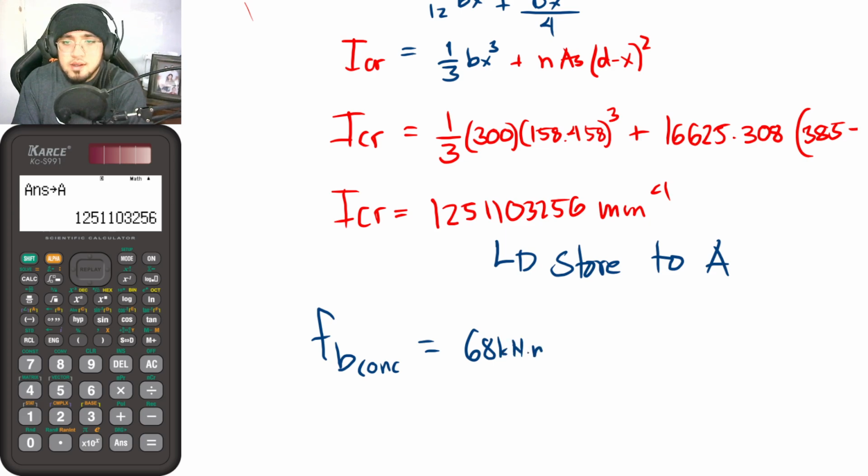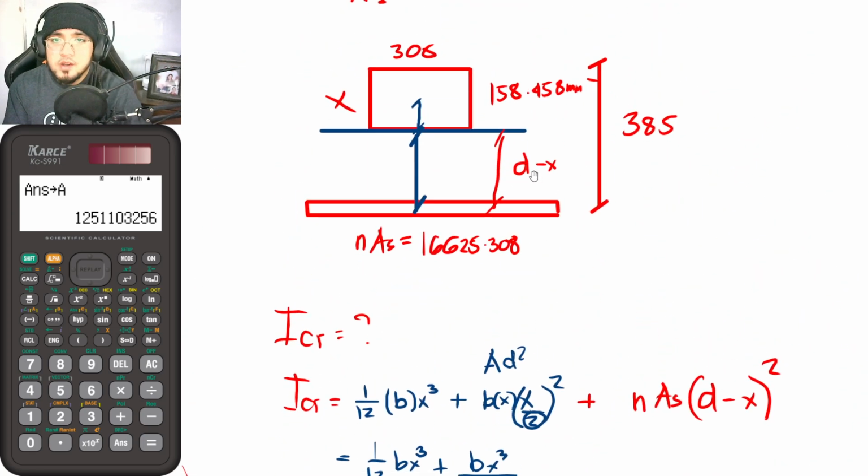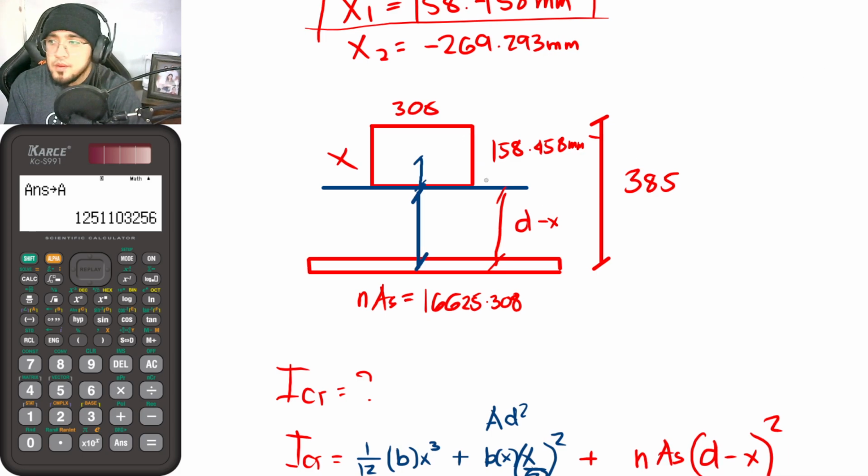But since it is still in kilonewton meter, multiply this by 1 million in order for it to be converted into newton millimeter. So M times C. The value of C is the distance from the neutral axis up until the furthest compression fiber, so the value of C that we will be making use of is 158.458.